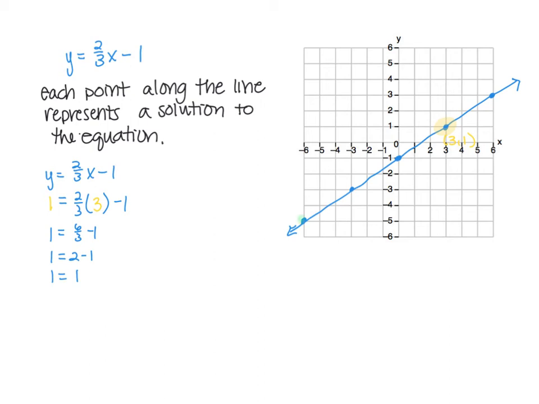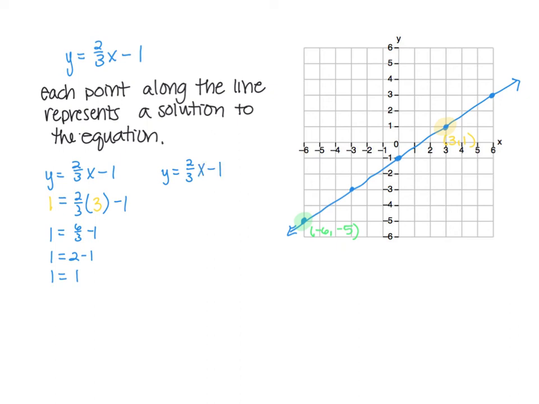If I pick any point, so let's pick the ordered pair -6, -5. And let's make sure that it works as well. So let's start with y equals 2/3 x minus 1.